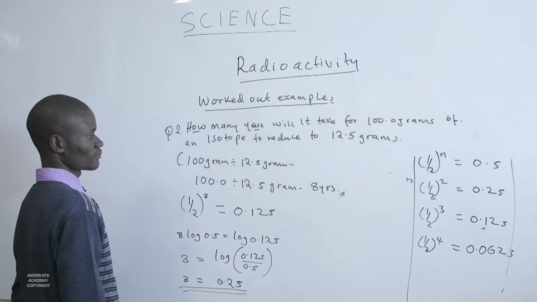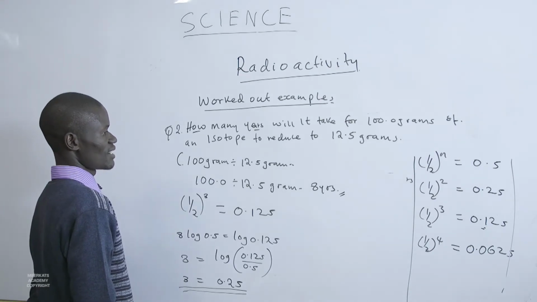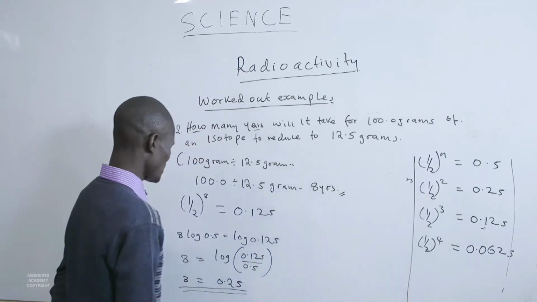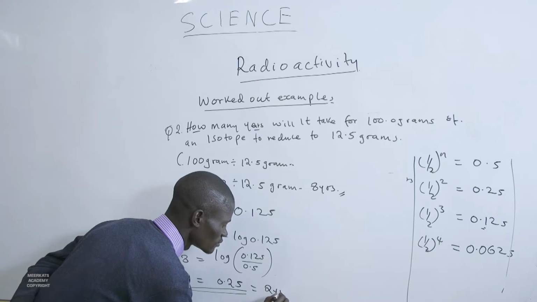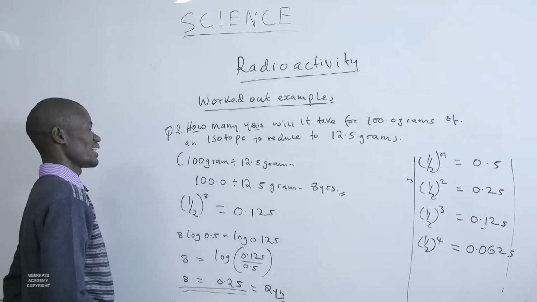Therefore, a half of 8 years is simply 2 years. It will take that.